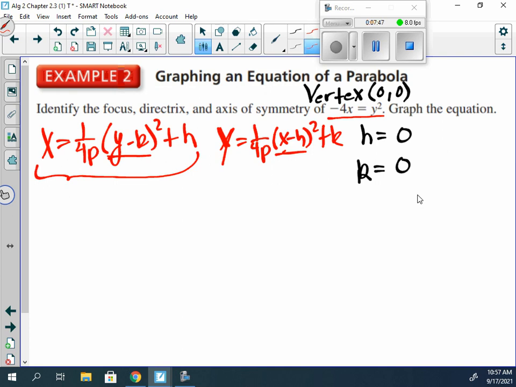So here we have x is equal to 1 over 4p times y minus k squared plus h. We're not dealing with this equation here. And looking at this equation, what do I know about the k and h? They are both what? 0, yes? So we can just go on and fill that in.